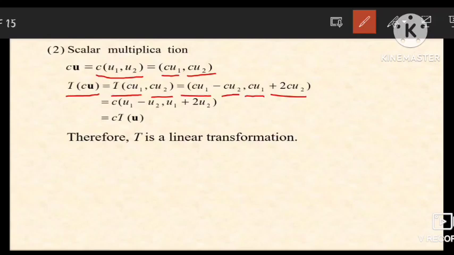Which will be equal to c of (u1 minus u2, u1 plus 2u2). So it will be equal to c into T of u. So therefore T is a linear transformation.